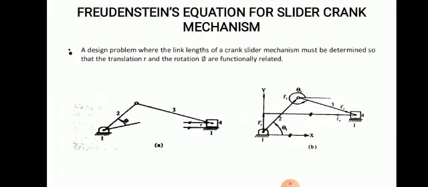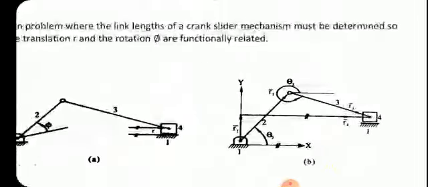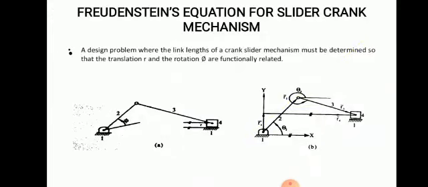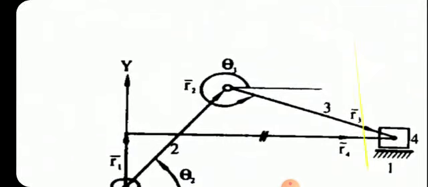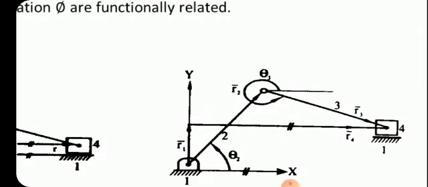Considering the equation R2 plus R3 dash minus R4 minus R1, R2 plus R3 equal to minus R4, and minus R2 plus R3 dash is equal to minus R1 dash, R4 dash and R1 dash, R1 and R4.